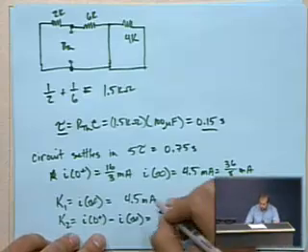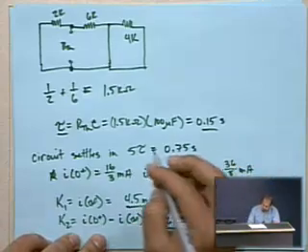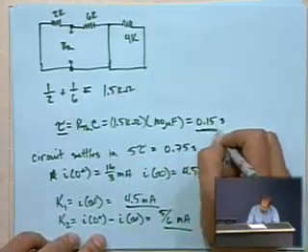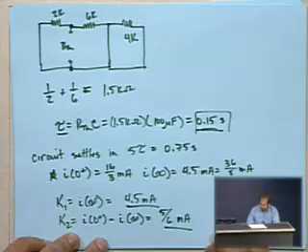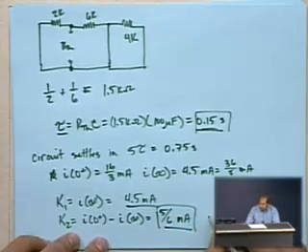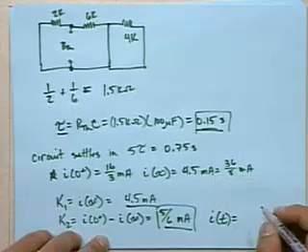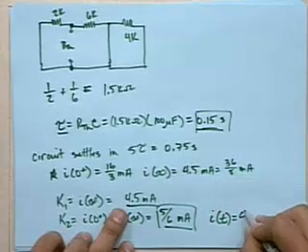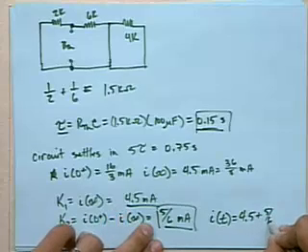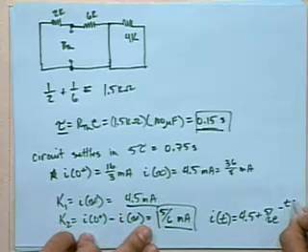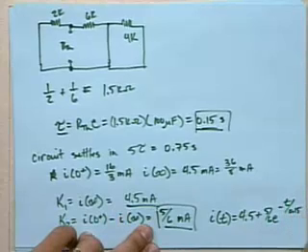So we take all of these things. The final form of describing what happens for that current I of t over time is 4.5 plus 5/6 e to the negative t over 0.15.